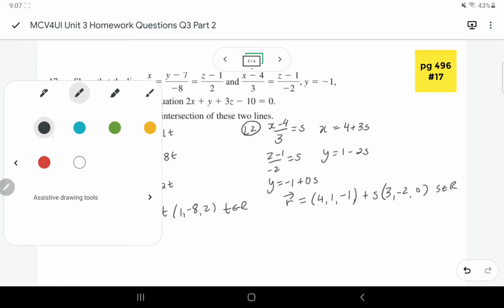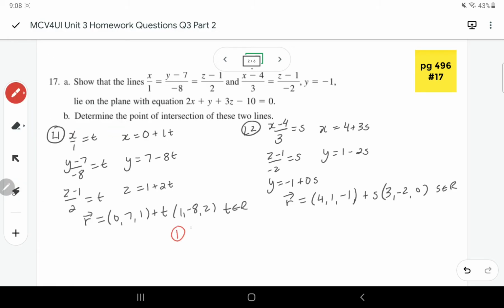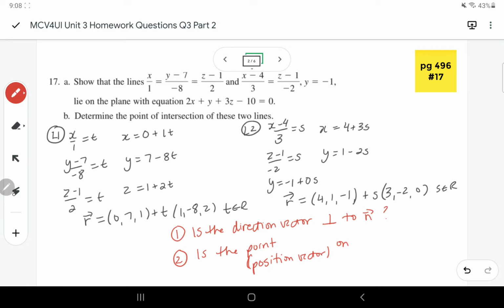So the two things we're going to look at are the direction vector, is it perpendicular to the normal of the plane? And the second thing is the point, which we know is our position vector, on the plane? If both of those things are yes, then that line will be on the plane.